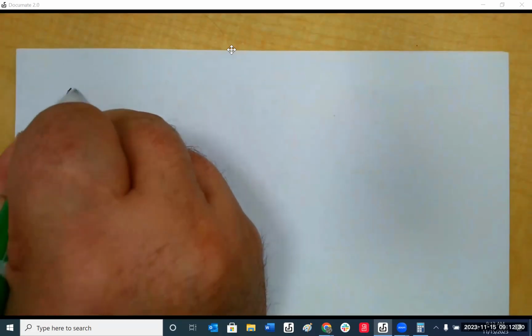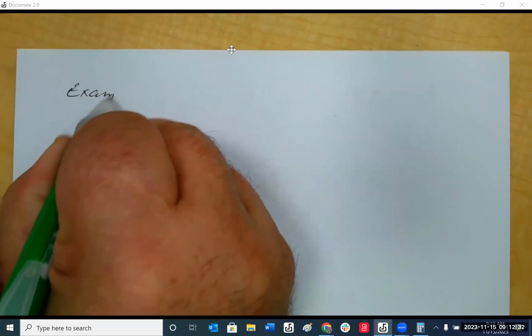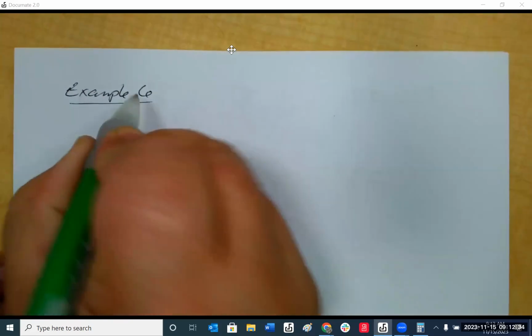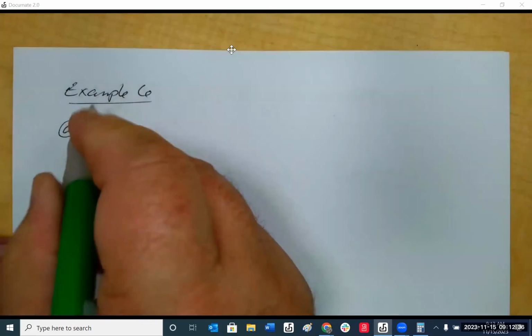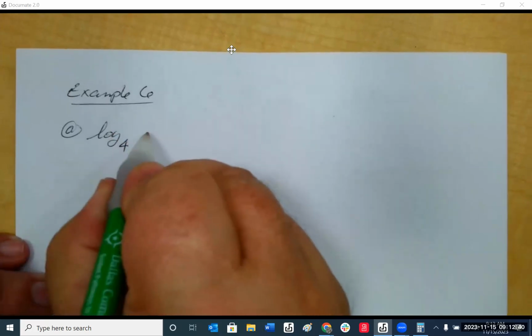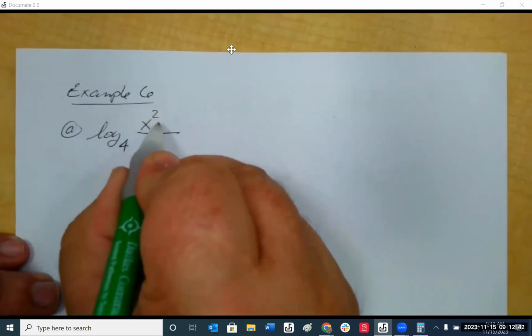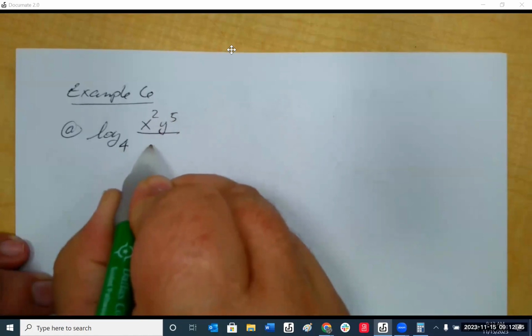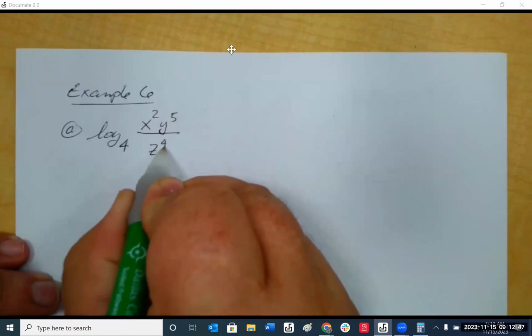Okay, let's look at example 6. Let's apply these properties now. This is the fun part. Expand these. Log base 4 of x squared y fifth over z to the fourth.